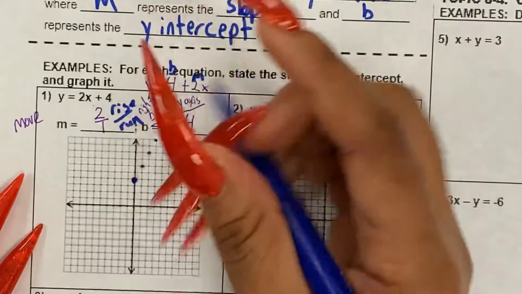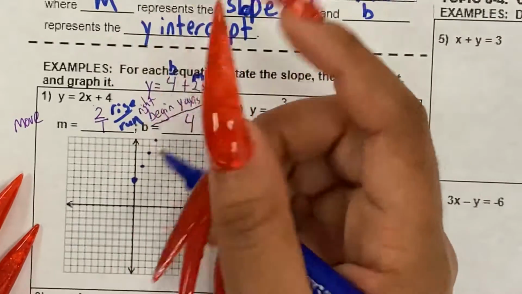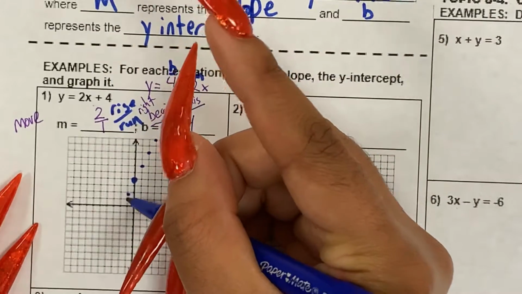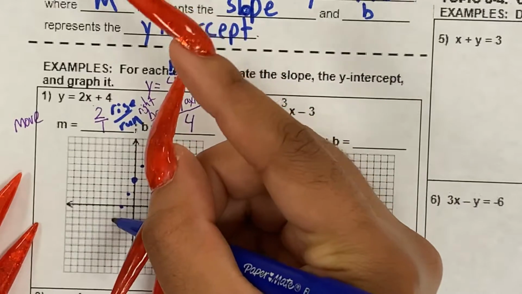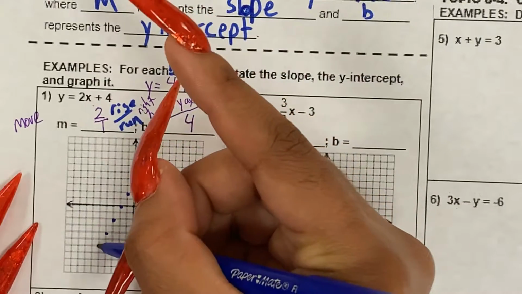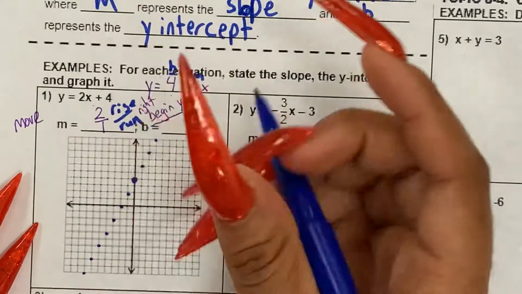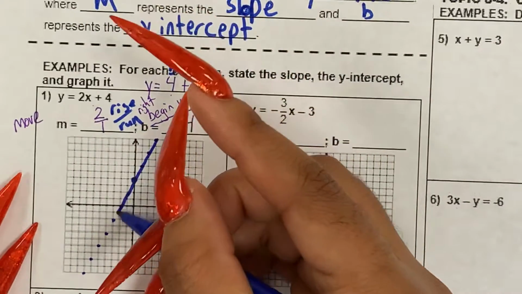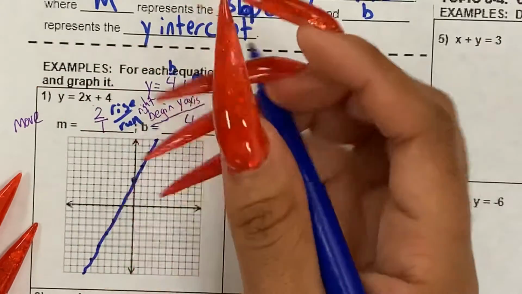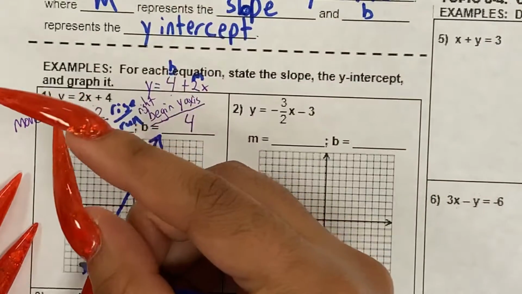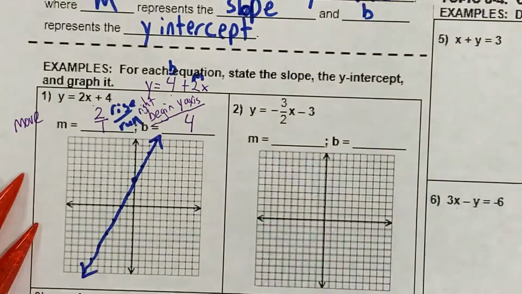I haven't run out of room, so I'm going to do the opposite direction. Down 2, left 1. Down 2, left 1. Draw a line through your points and draw 2 arrows.